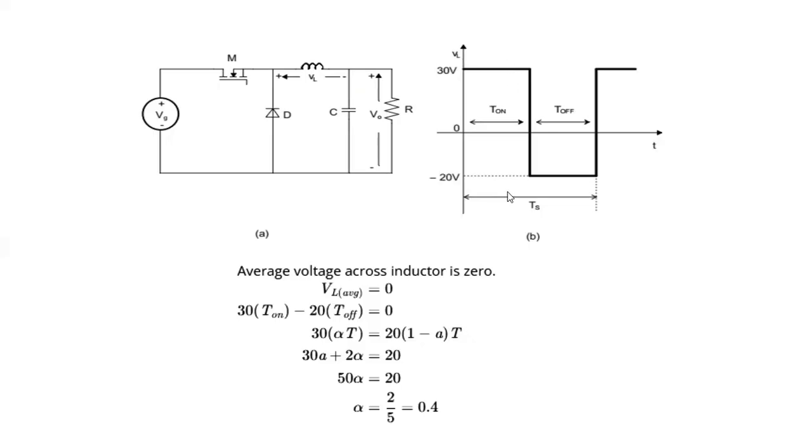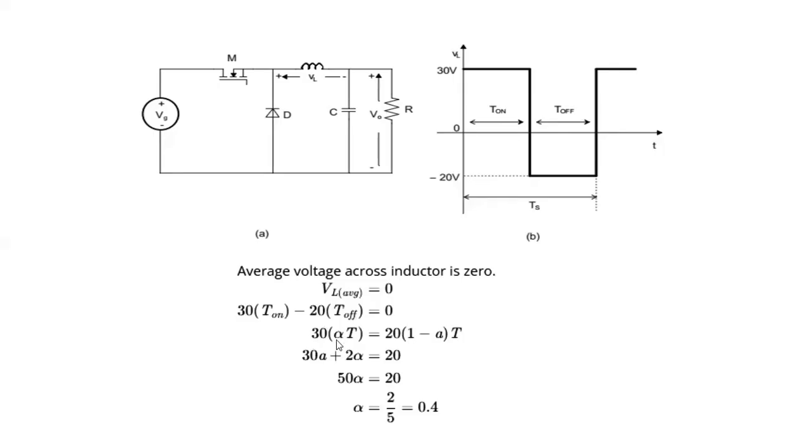For this given inductor voltage waveform, the average value is 30 into T on plus minus 20 into T off. If we equate that value to 0, we will be able to find the value of the duty cycle. So VL average is 30 into T on minus 20 into T off equal to 0.